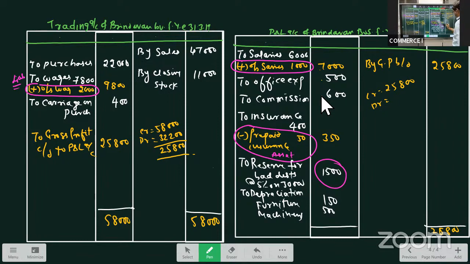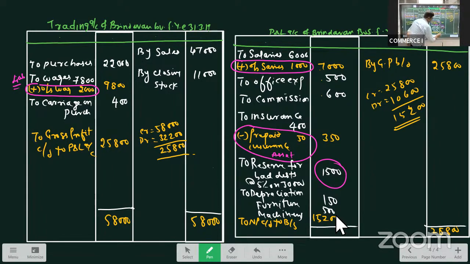The debit side total is 10,600. So 15,200 is our net profit. 15,200. Net profit carried down to balance sheet, 15,200.